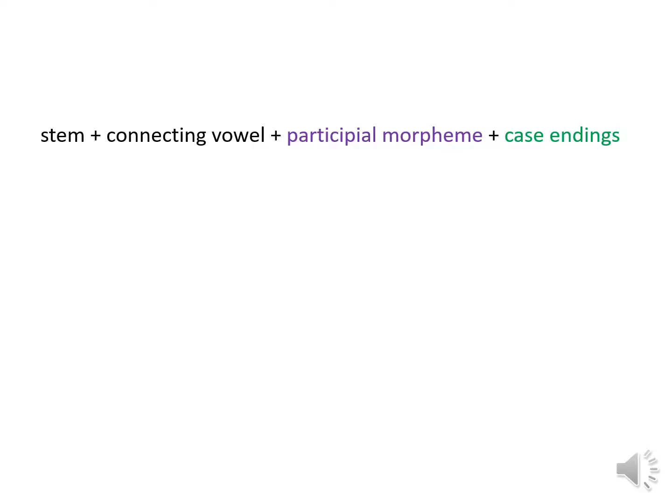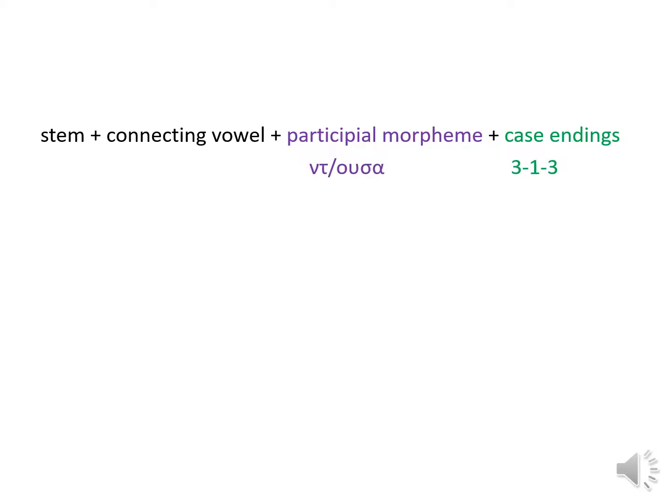All right, so as we go on, we'll be learning how to form the participle. In this chapter, we're just giving you a basic introduction focused on the syntax, how participles function. But what you're going to see is that they're formed as follows: stem plus connecting vowel plus a distinctive participial morpheme, and then the familiar case endings of the first, second, and third declension. So here are the morphemes to look out for.